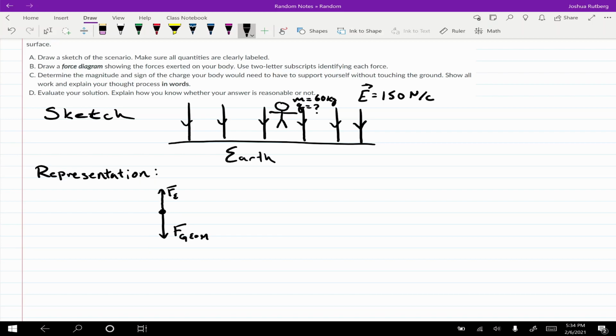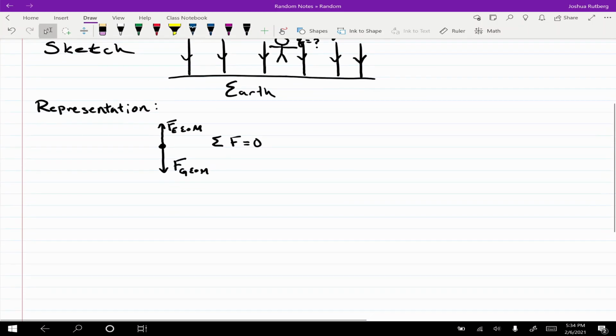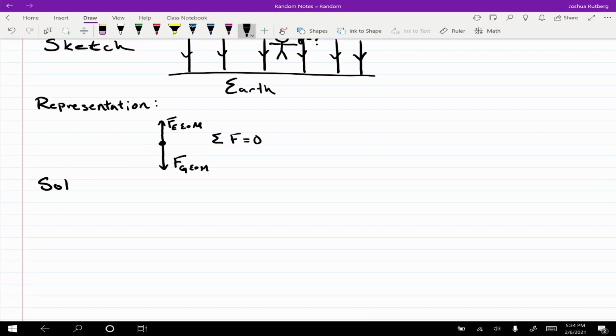So the electrostatic force that Earth exerts on me. And if I am stable, if I am just floating, then those two must be balanced. So I can say the sum of the forces must be 0. And now I want to solve for Q.